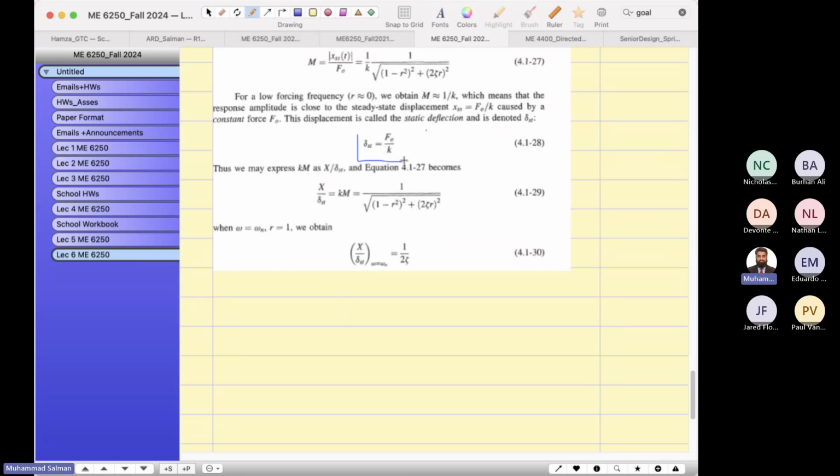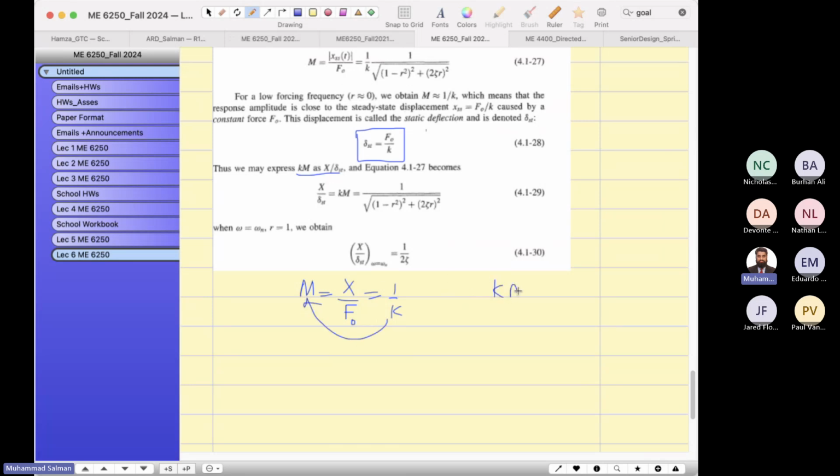So this is a static deflection in the spring, and M, you already know this is the output over input. So you can see that this one can be represented by Km, which is equal to 1 over K. So this K goes over here.